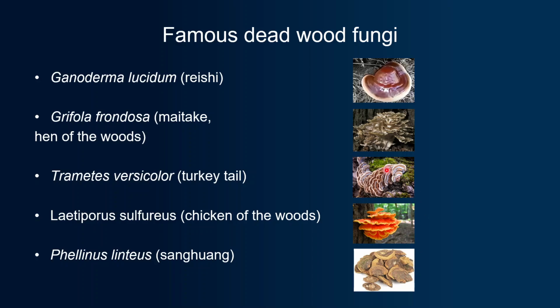So Trametes versicolor, turkey tail, and Sanghuang and reishi, they all are famous for their medicinal properties, and their components are often used in different mixtures and supplements, including coffee supplements, that are promoted as being healthy for human consumption.